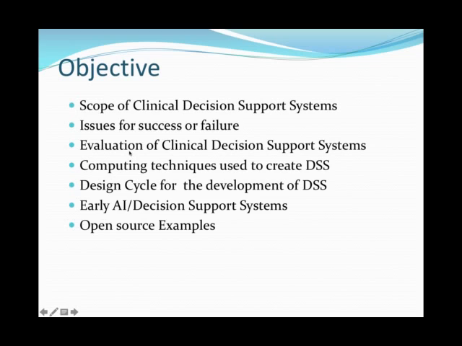We're going to evaluate different decision support systems, and talk about how people create these decision support systems, and then give some examples of early decision support systems, and then talk about some open source examples, ones that are free and available online.